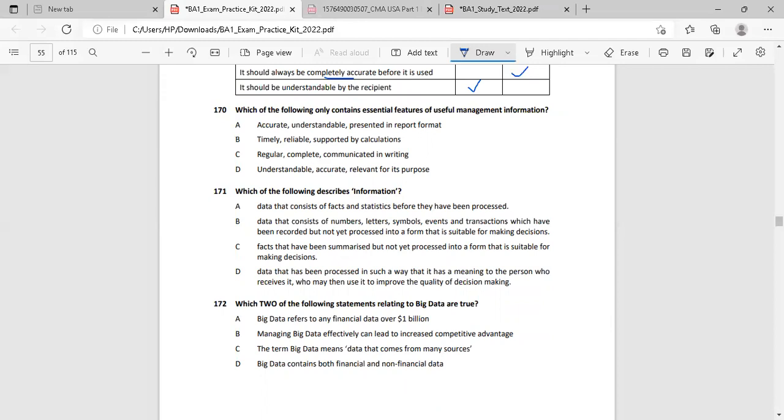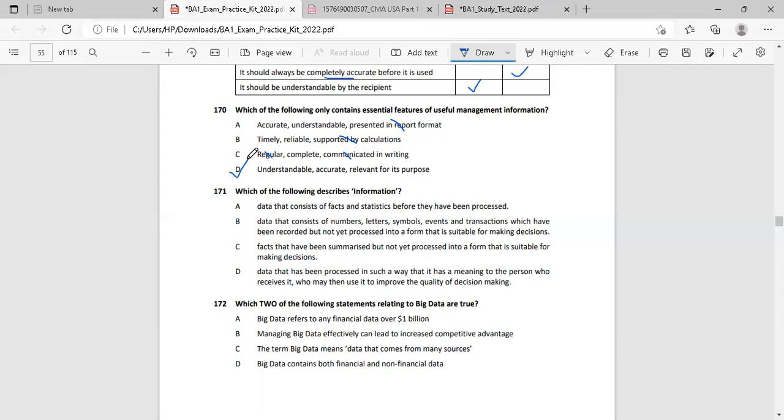The one which has all correct, depending on the acronym ACCURATE, is the last. In the first, accurate is correct, understandable is correct, but presented in report format is not a part of it. Timely, reliable is also correct, but supported by calculations is not there. Regular: it has to be communicated, but specifically communicated in writing is also not there. It is relevant, it is not regular. The last one has all three of them correct: understandable, accurate, relevant for its purpose.